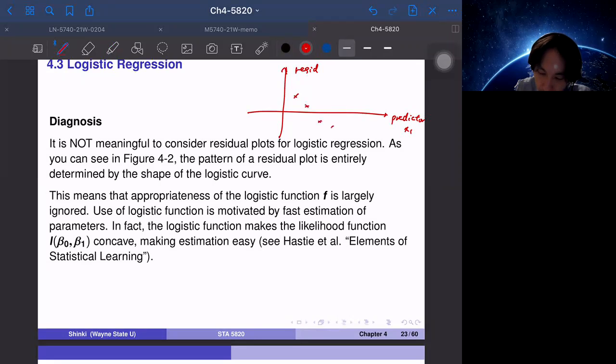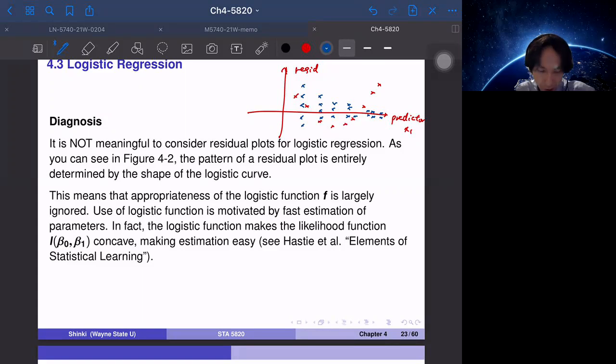If we have some specific pattern, such as curvature, or a clear trend in variability, in this case larger predictor means smaller variability, then it violates the assumption that errors are random and IID.